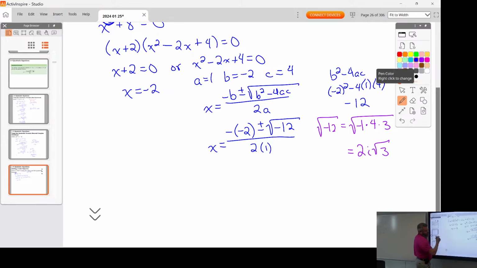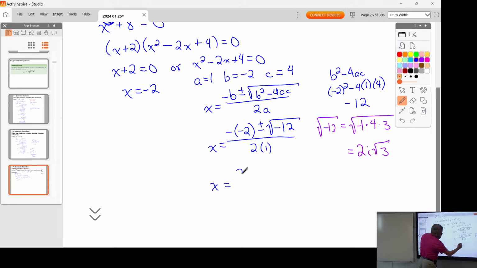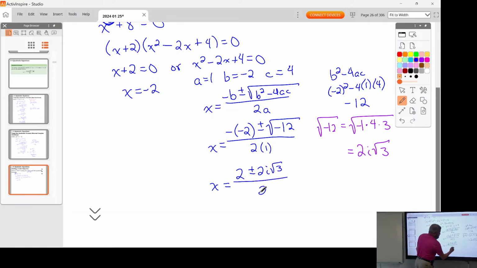All right. Come back over to the quadratic. I've got x equals negative negative 2, which is a 2, plus or minus 2i root 3 all over 2.